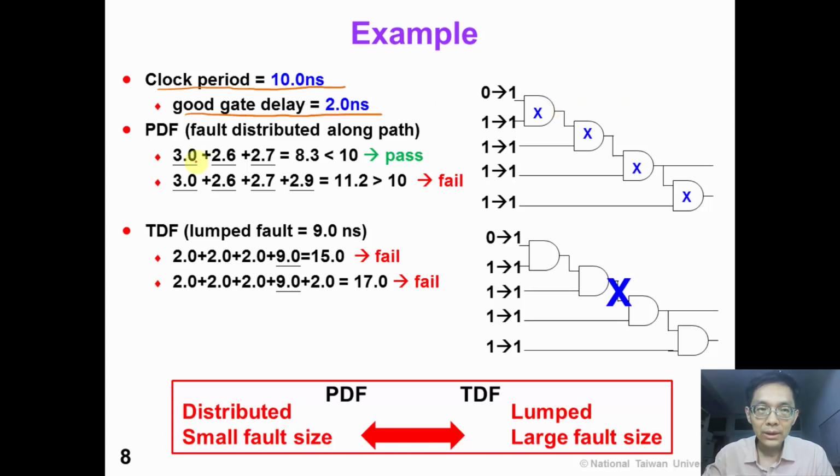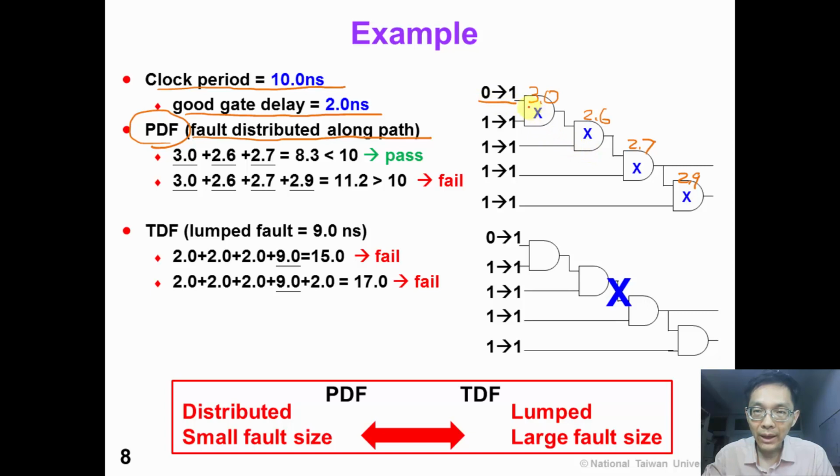Now let's consider the path DelayFault model. The fault is distributed along the path. Suppose this gate delay is now 3.0, this is 2.6, this is 2.7, and that last one is 2.9.